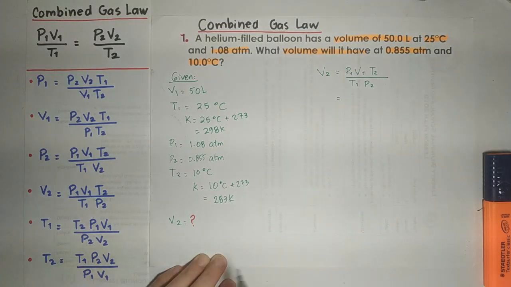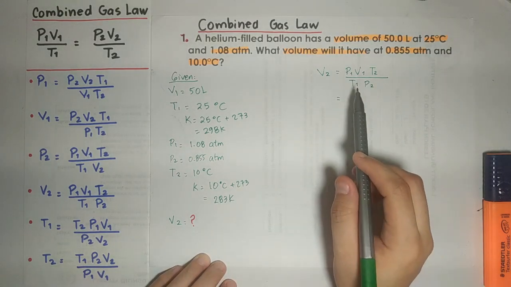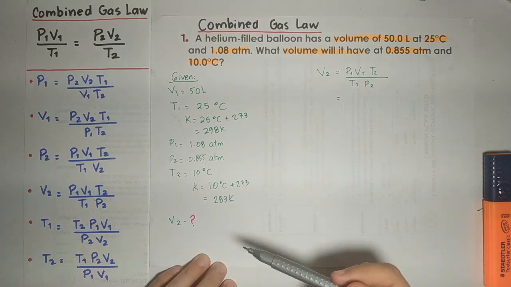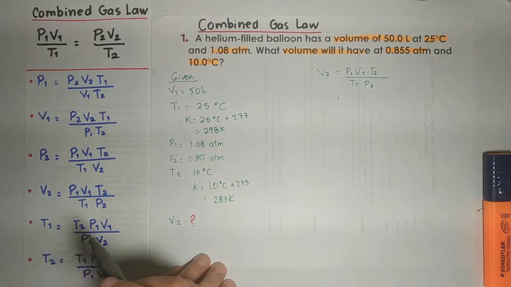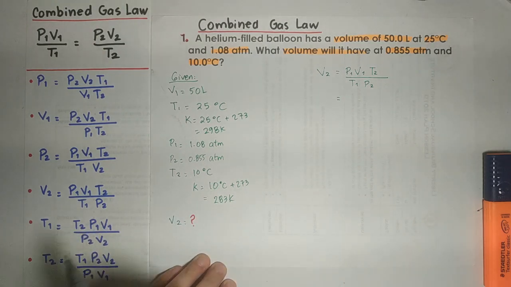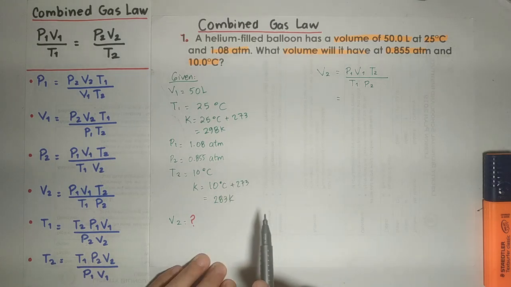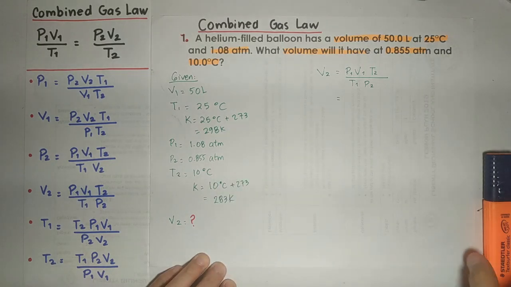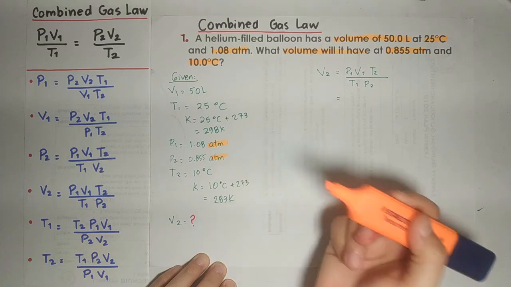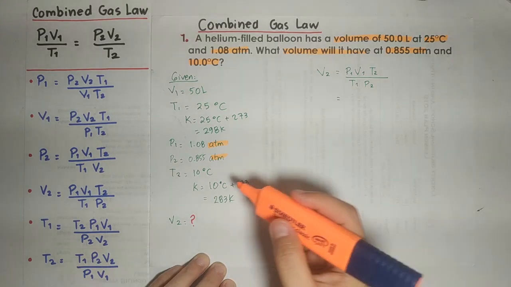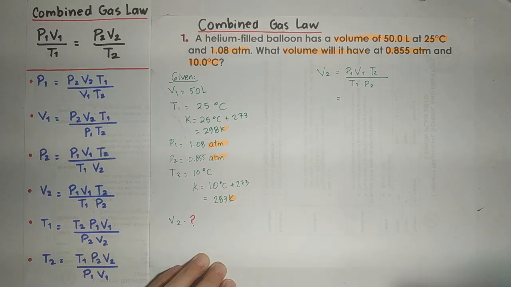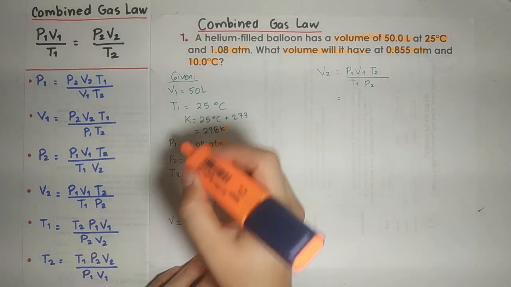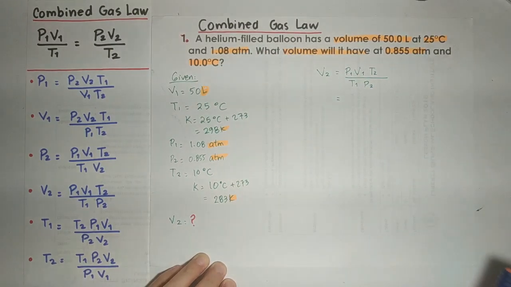Now let's take a look. These are initial volume, initial pressure, initial temperature. You can see them like pairs of givens. So try to see that all your units are the same. Example here: the two pressures are in atm, so that means that we can work with it. The two temperatures are in Kelvin, so yes, we can work with it. And the final unit, which is volume, will be the volume unit that we had before.